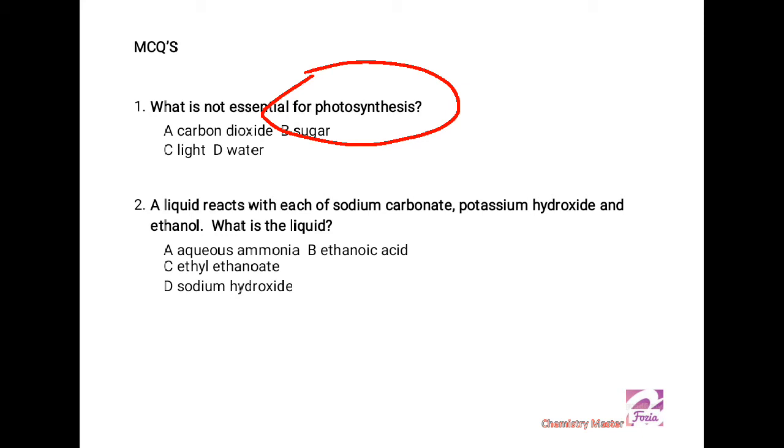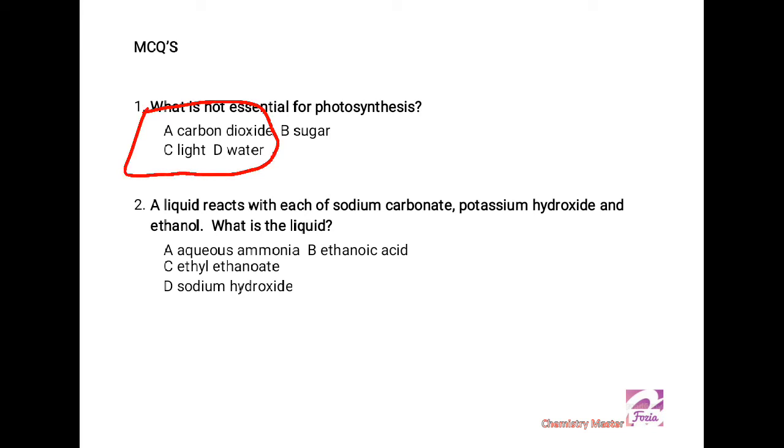And the four options which are available here are carbon dioxide, sugar, light, and water. When you think about option A, C, and D, these are the conditions required for photosynthesis. And the question is, what is not essential? Means what is not required for photosynthesis is the sugar, because sugar or glucose is the product of photosynthesis. So select the correct answer very confidently.